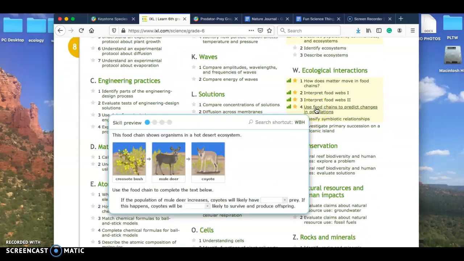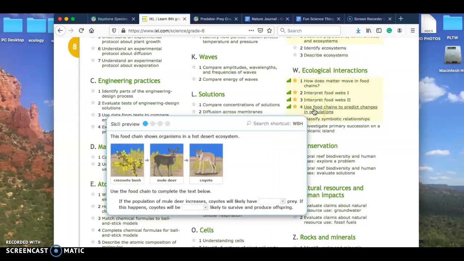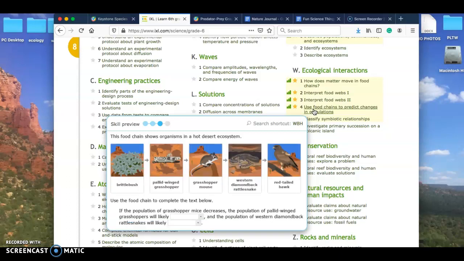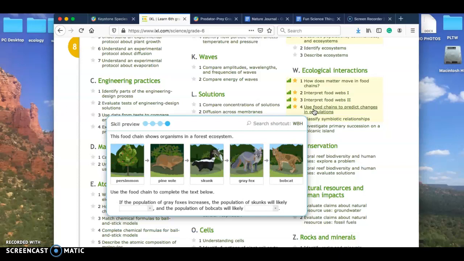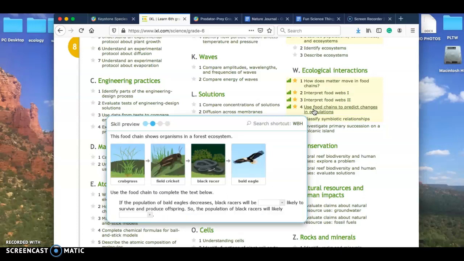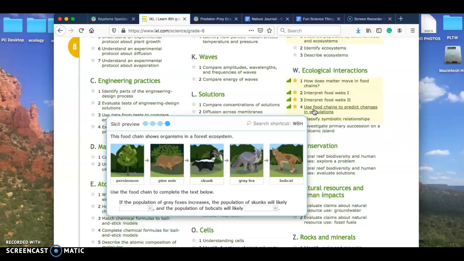I am going to link it on Google Classroom to the best of my ability, but it is in 6th grade science, ecological interactions, number 4, which is use food chains to predict changes in population. So you're going to be looking at a food chain and deciding if one species increases or decreases, how is that going to affect the other species in the food chain? So it kind of goes along with that keystone species idea that we talk about in the Go Formative.